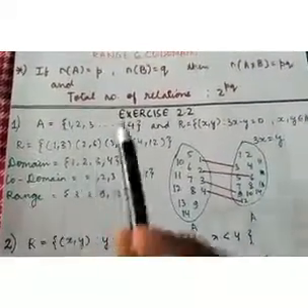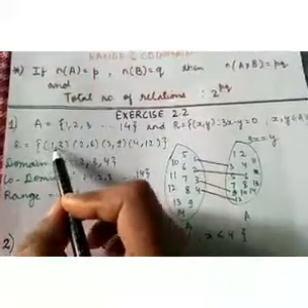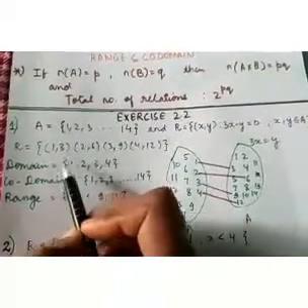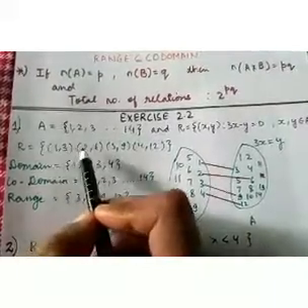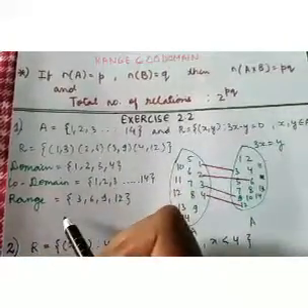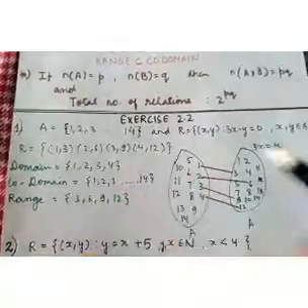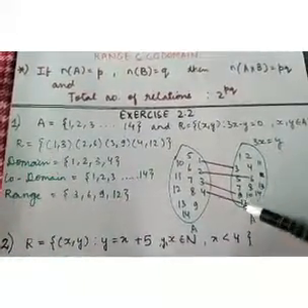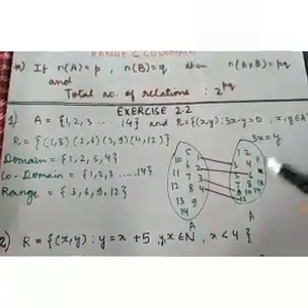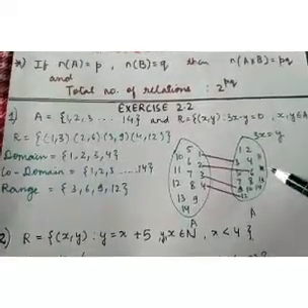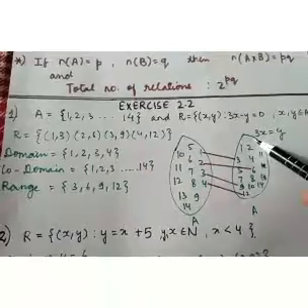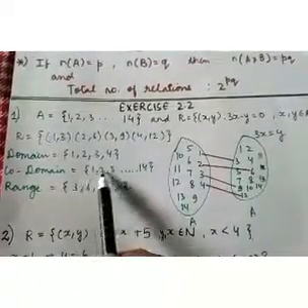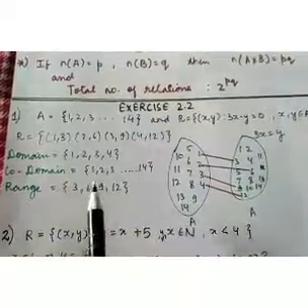Now what is domain? Domain is the set of first elements of the ordered pairs. Therefore we have the domain as 1, 2, 3 and 4. Now what is codomain? The whole second set is known as codomain. Here this whole set A is the second set also, the first and second both are the set A. Therefore the codomain will be equal to the set A, so codomain equals 1, 2, 3, 4, 5 up to 14.